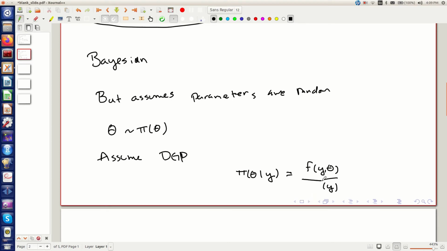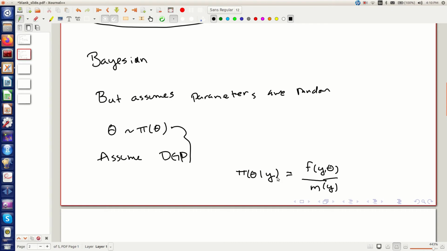Usually I just call this m. So this joint distribution is going to be some combination of these two things. And that's what we did in class.